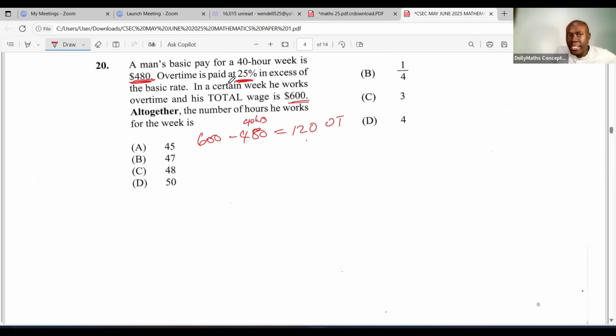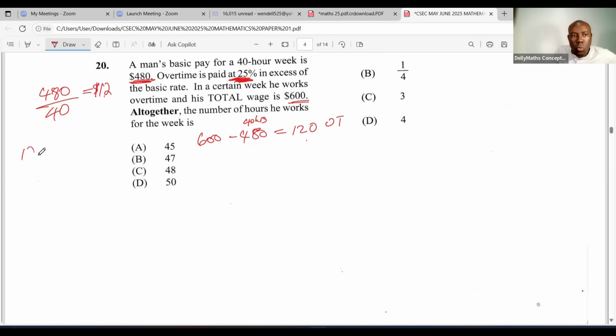The regular rate is 480 divided by 40. This is his regular rate, so he's working $12 per hour. But overtime is going to be paid 25% more.